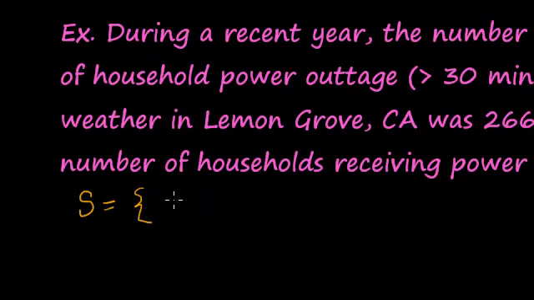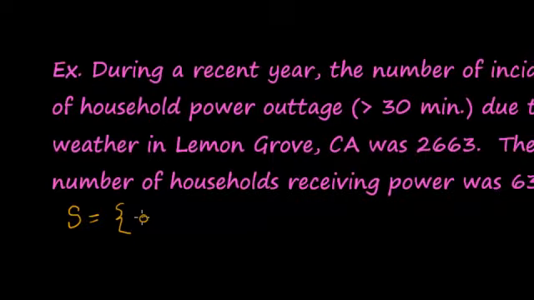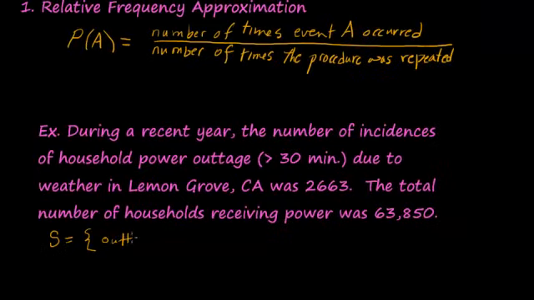As we go through these records, we either find a record of an outage, or there's no outage. So we're going through the electric company's files on all these households.